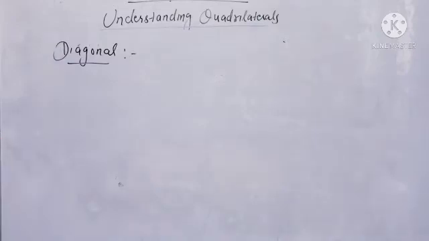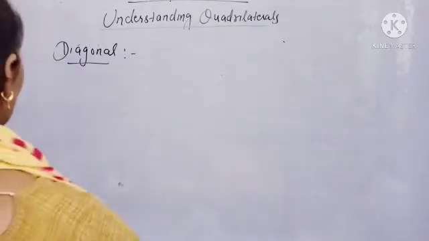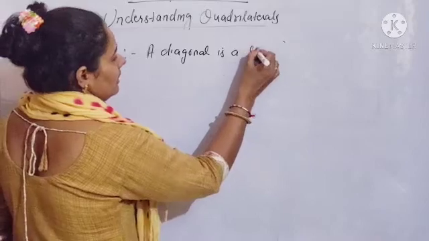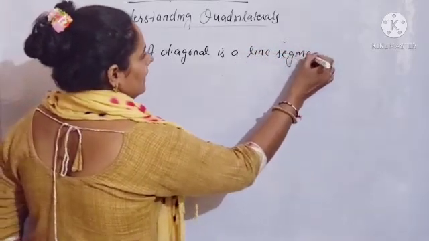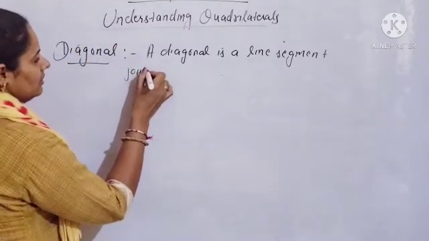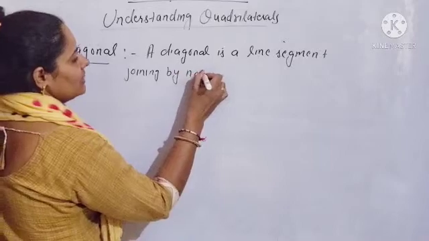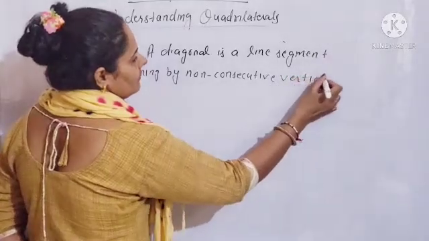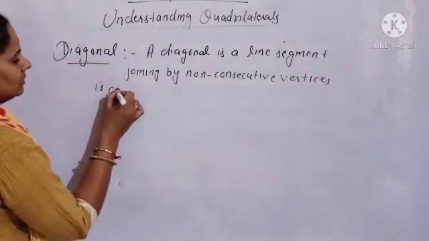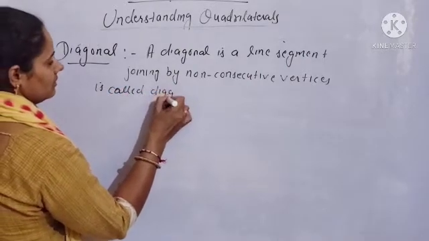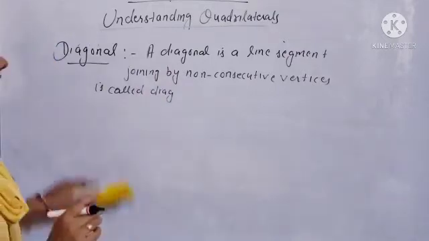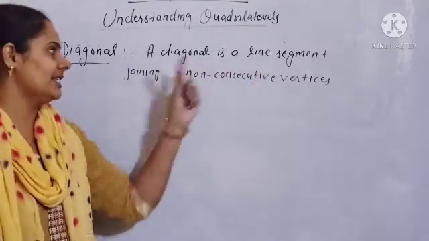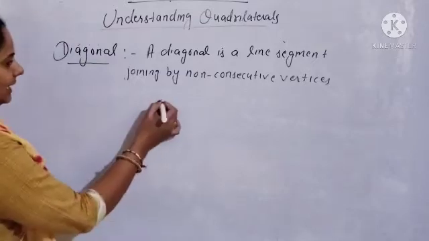A diagonal is a line segment joining non-consecutive vertices in a quadrilateral. If you have already written "diagonal" at the start, there is no need to write it again like that. Simply you can say: what is a diagonal? A diagonal is a line segment joining non-consecutive vertices. After that, I am giving an example.